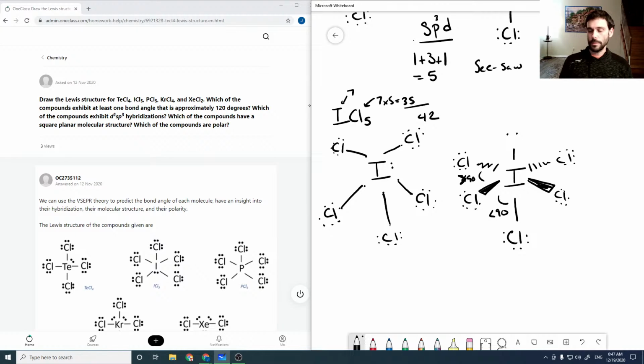So these guys will kind of umbrella down. And so an iodine in this case has 6 bonding partners. So following the same rules, we need 1 plus 3 plus 2 equals 6. So sp3d2.